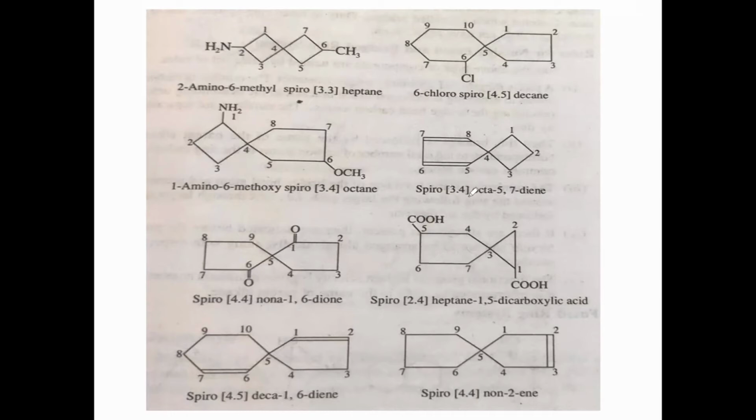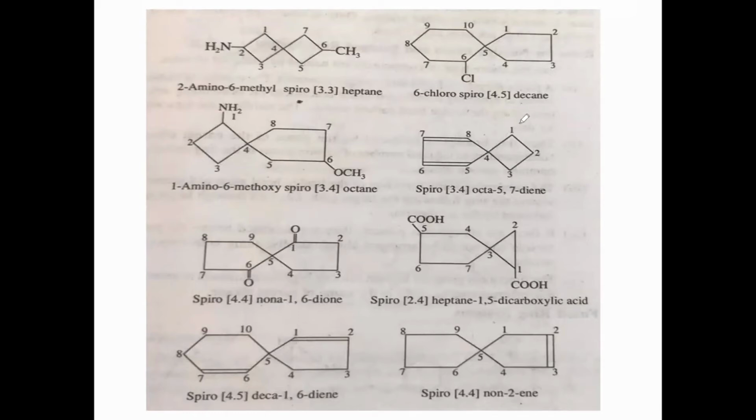Now the second rule: the square bracket is followed by the name of the parent alkane corresponding to the total number of carbon atoms in the rings, including the Spiro carbon atom. So while writing it, we will include this Spiro carbon atom.